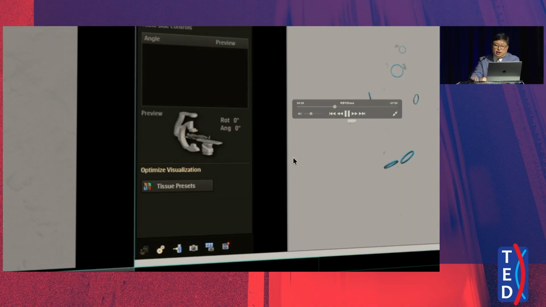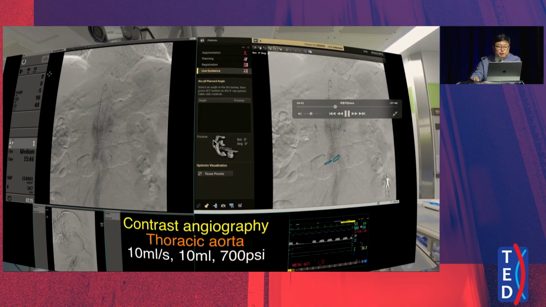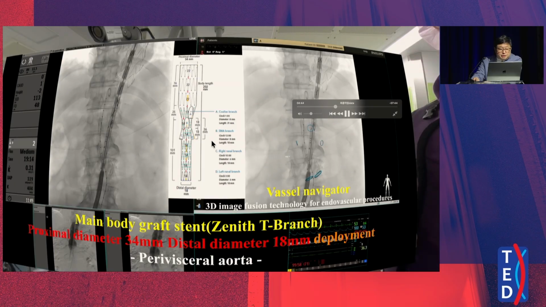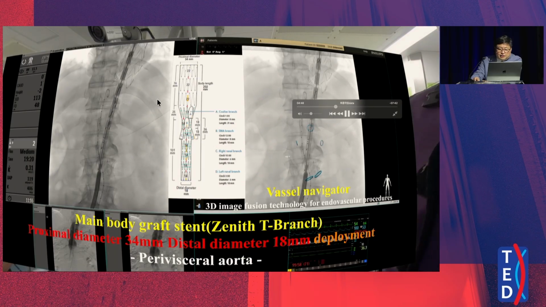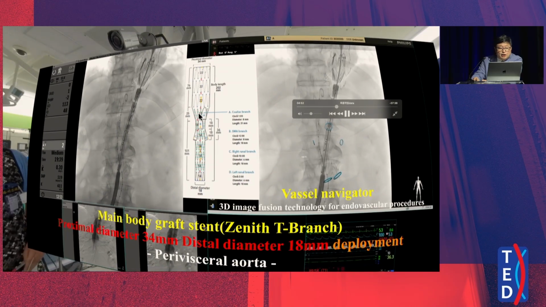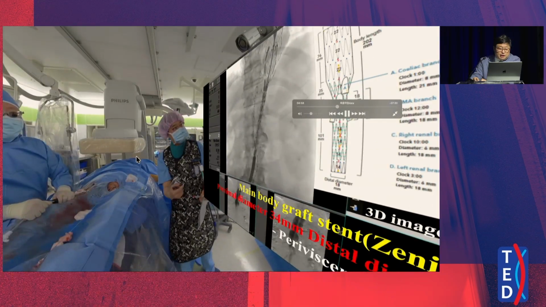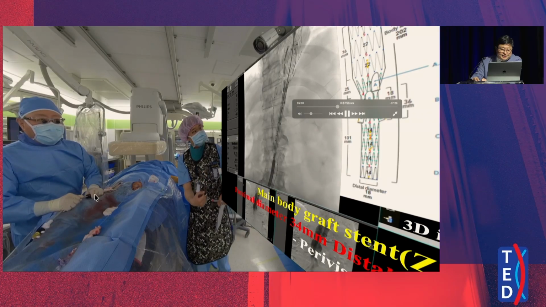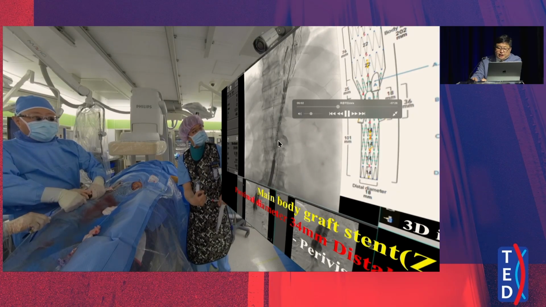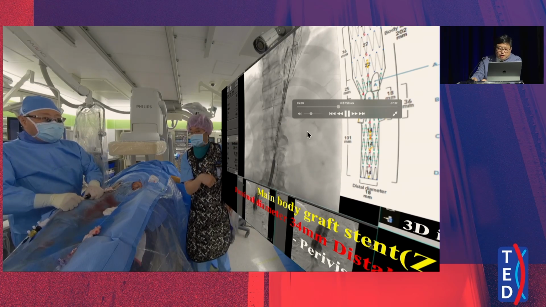And we check the orientations, and when we've confirmed the right orientation of this stent graft, we deploy the T-branch stent graft. There is a tendency of kinking of the stent graft during deployment, so the doctor needs to rotate like this to check each marker's orientation in the right positions.